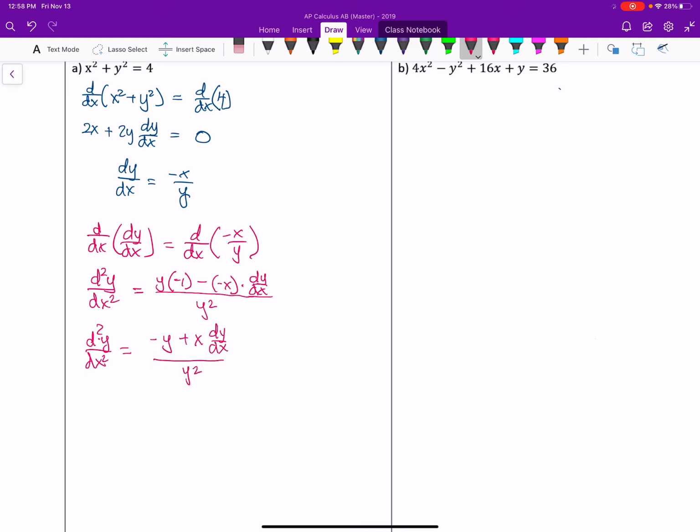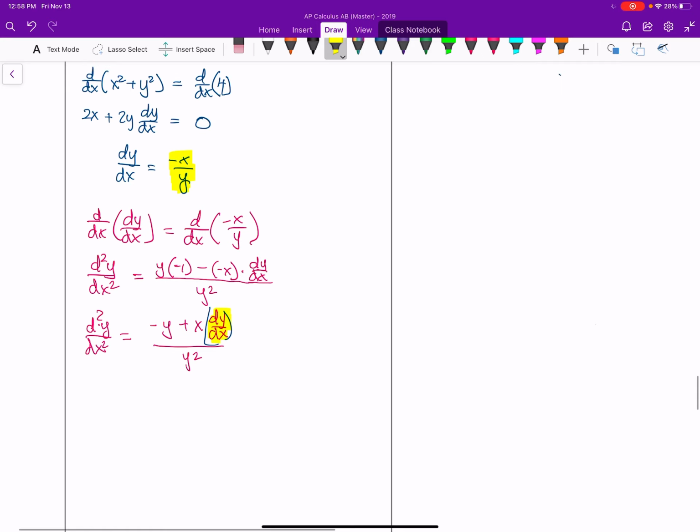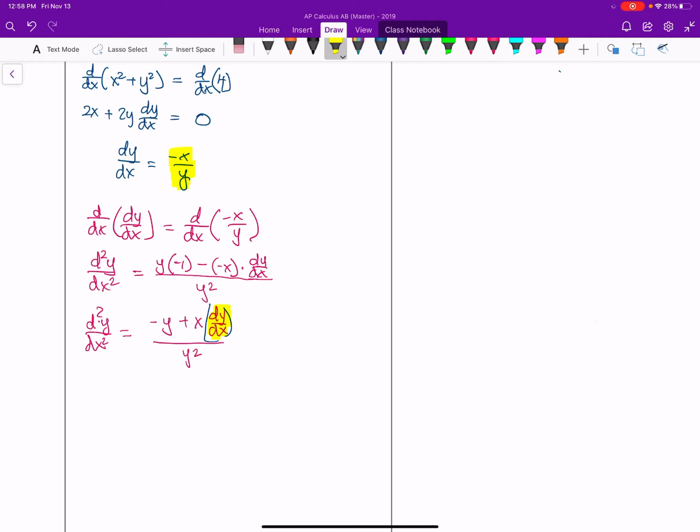But I know what dy dx is. I figured that out up here. I can replace the dy dx by that. So let's polish it off a little bit. The second derivative will now look like negative y plus x times negative x over y, all over y squared. And then I'm going to do a little bit of algebra.